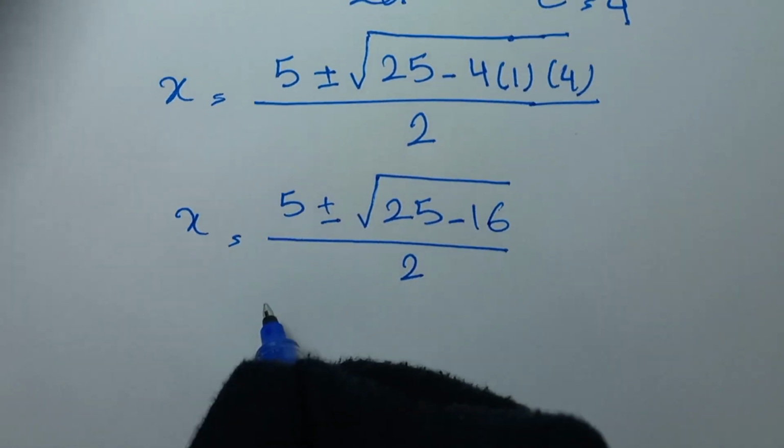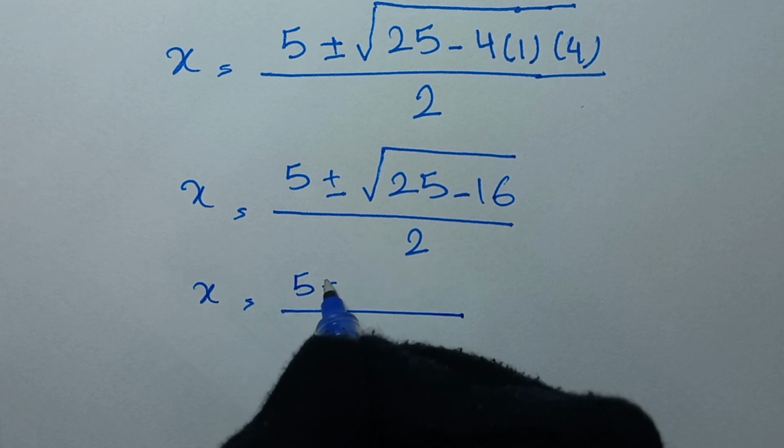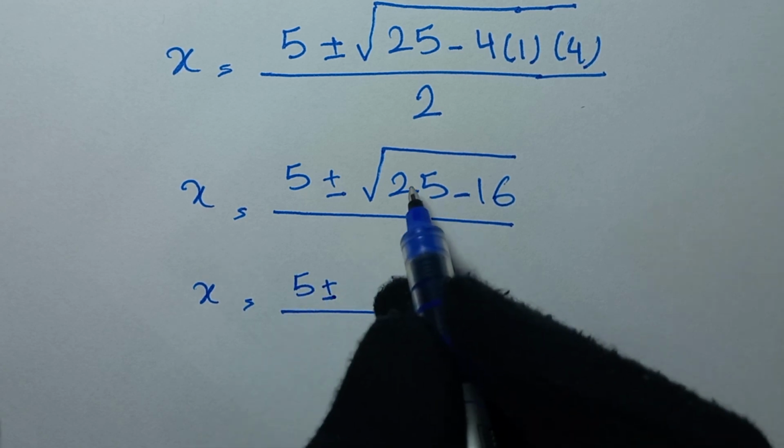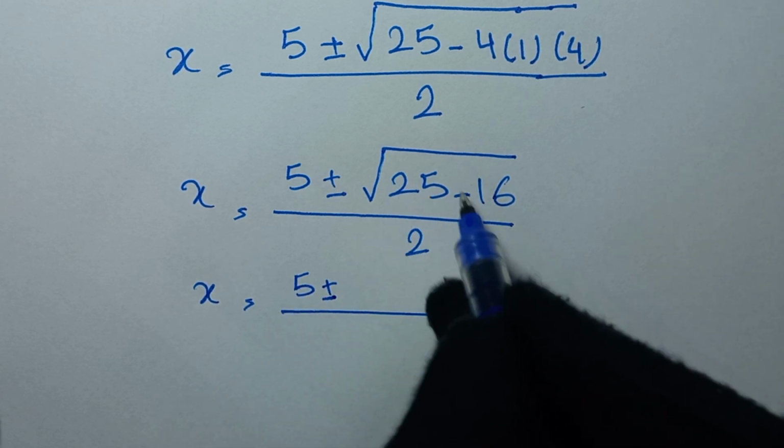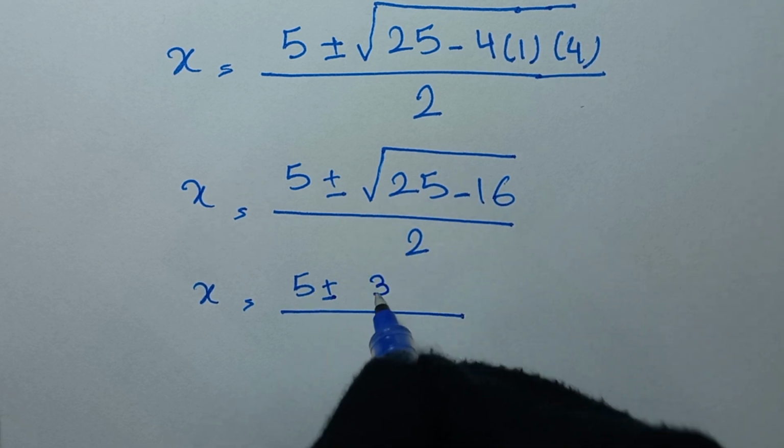And from here, x is equal to 5 plus or minus, in here 25 minus 16 will be 9, so square root of 9 is 3, so 5 plus or minus 3 over 2.